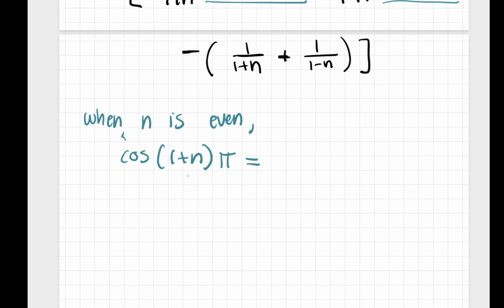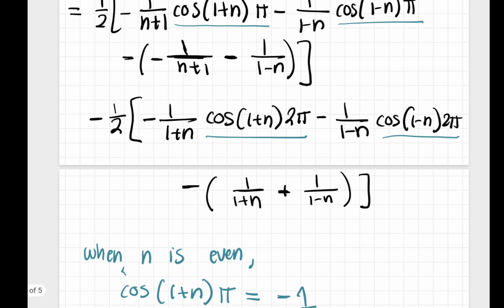Well, if it's even, let's say it's 2. So then cos of (1 + 2)π, that's cos of 3π, and cos of 3π is −1. So that would be equal to −1. And this is true for all the even numbers. If you put 4 in, for example, you're still going to get −1.